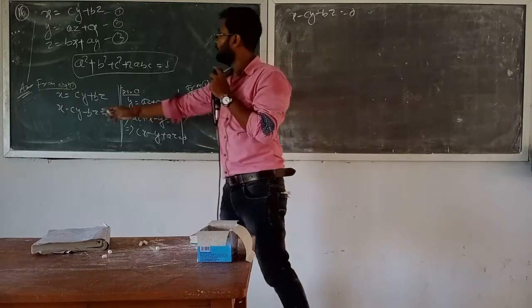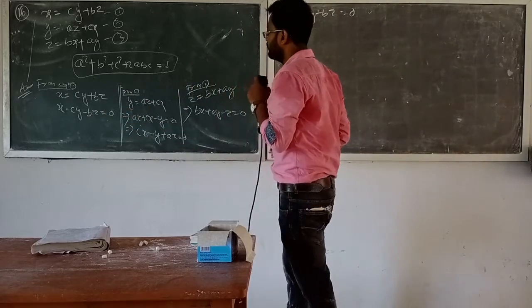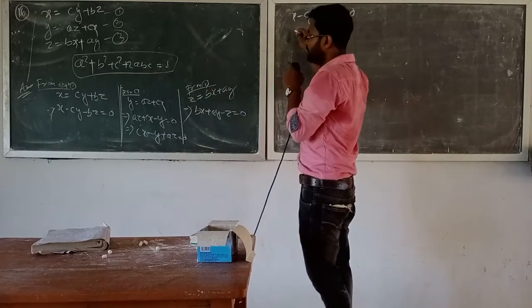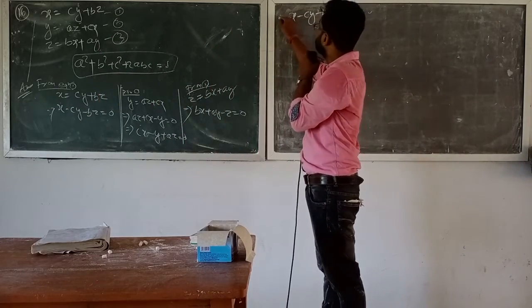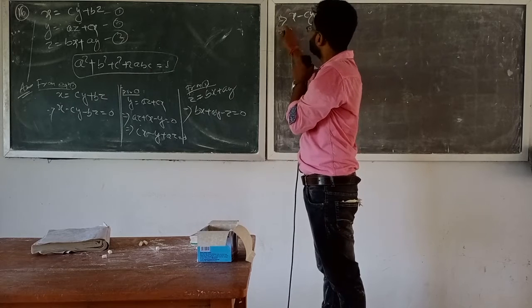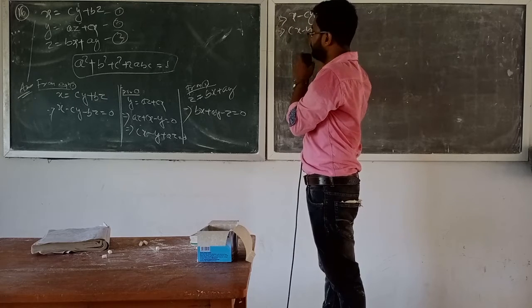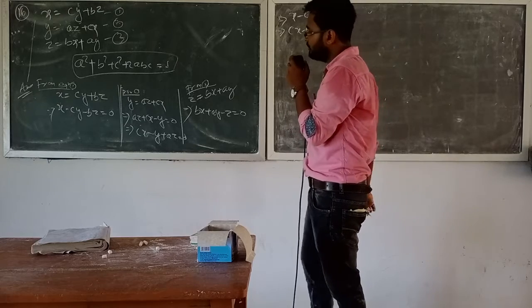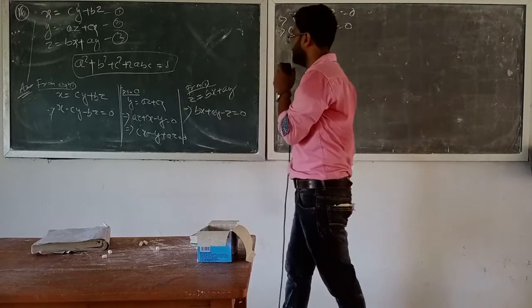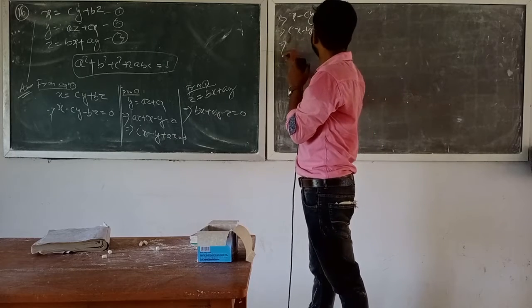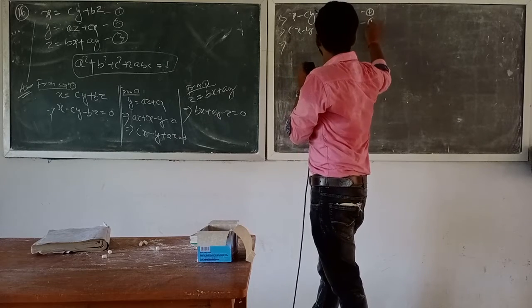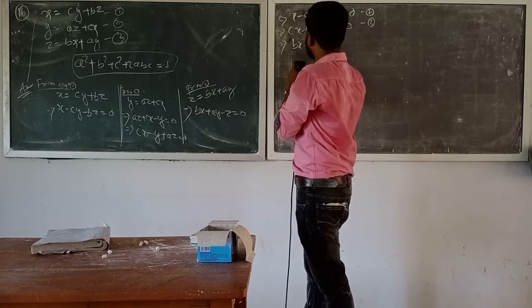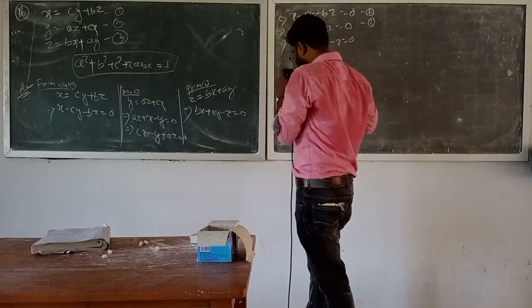The second equation is cx minus y plus az equal to 0. And the third equation is bx plus ay minus z equal to 0.